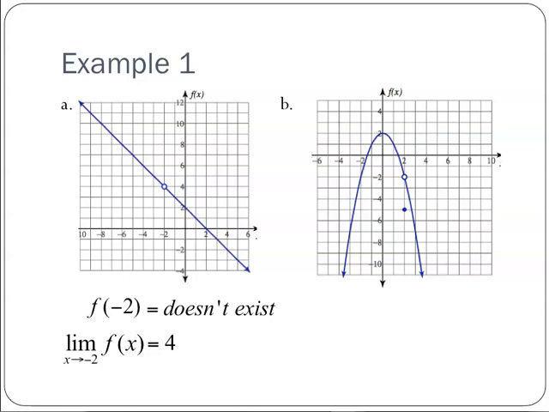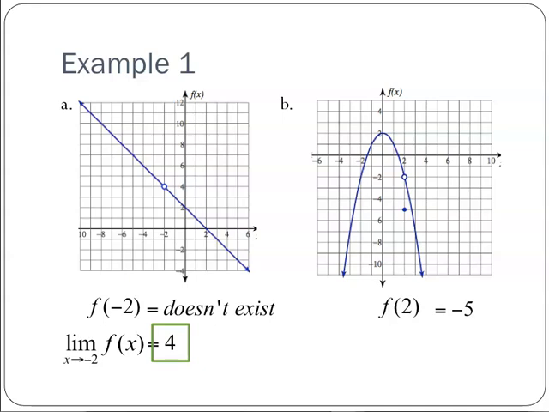Now take a look at the second example. We have a parabola that has a hole, and we also have a point as part of the graph. If you were asked what f of 2 is equal to, you would say it's equal to -5, because I have a point right there at -5.